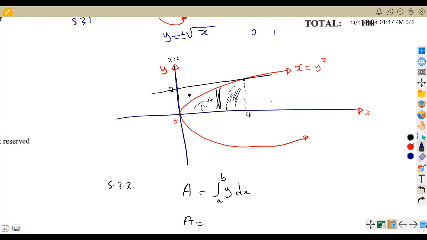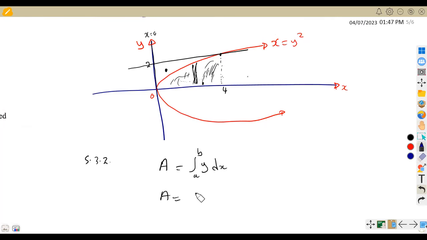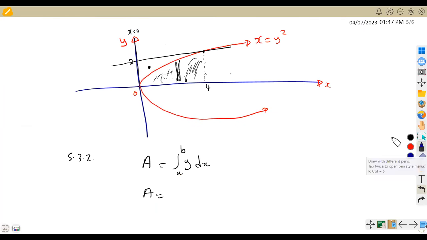Okay, so that is what you're going to have in that case. So meaning to say, if we are having y in this case, remember that we said y is equal to square root of x, of which square root of x is same as x to the exponent of a half. So that means we are having the integral of x to the exponent of a half with respect to x from 0 to 4.